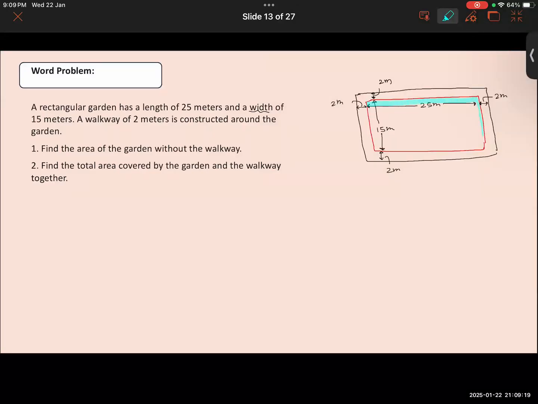When you don't include the walkway, the question is asking to find the area of this much only. The length and the breadth is given. Quickly find the area. I have to multiply length into breadth. Yes, that is the formula required to find the area, which you have learned in the previous class.